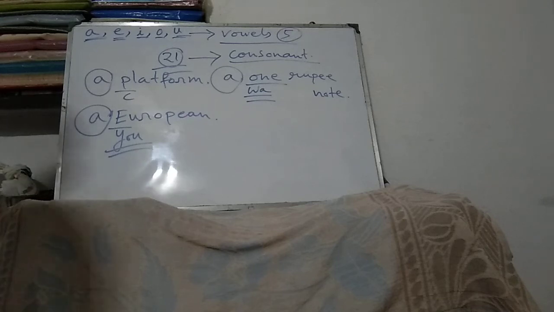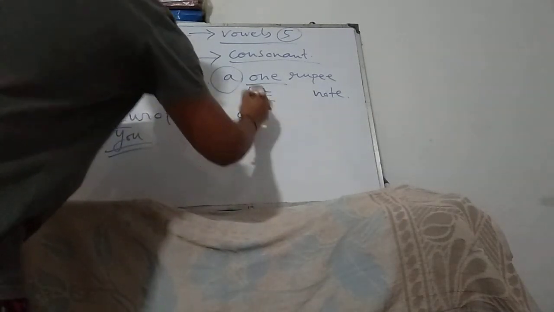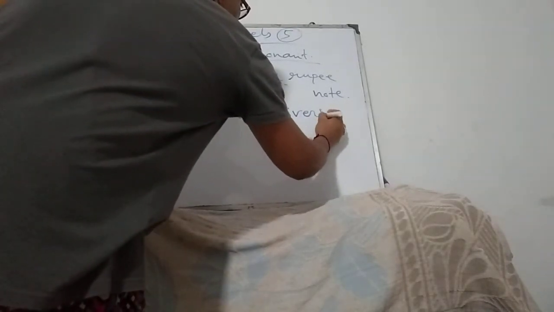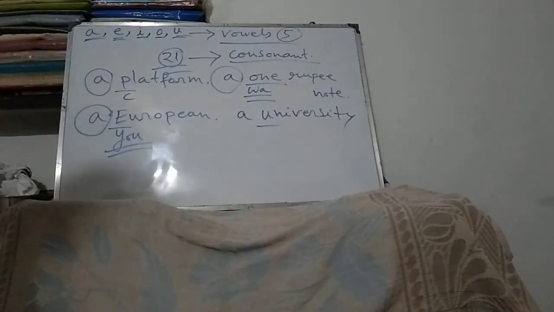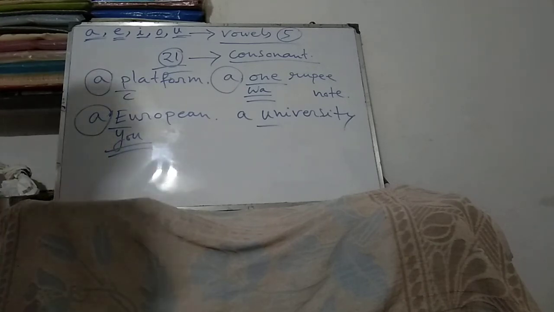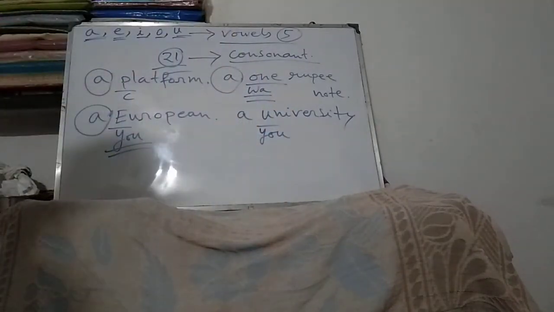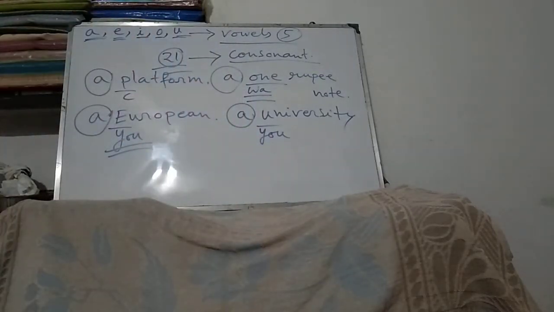Similarly, a university. Here U, though it is a vowel, is also pronounced like EU. That's why the article A is used before university.